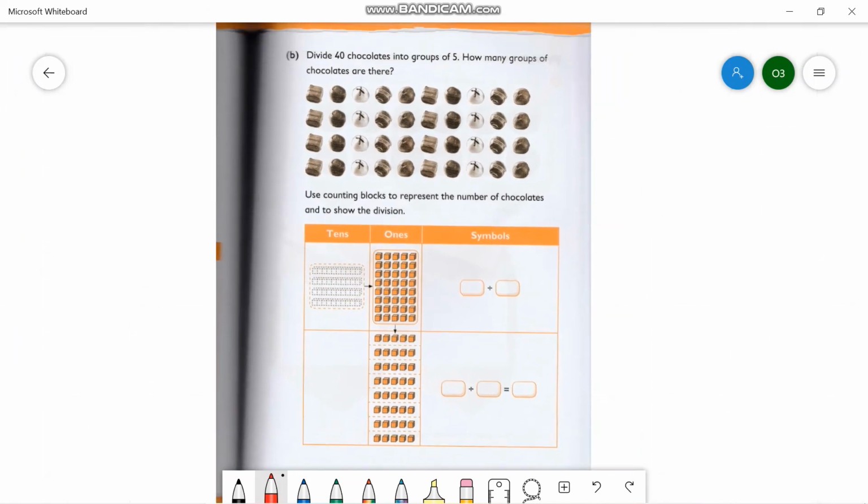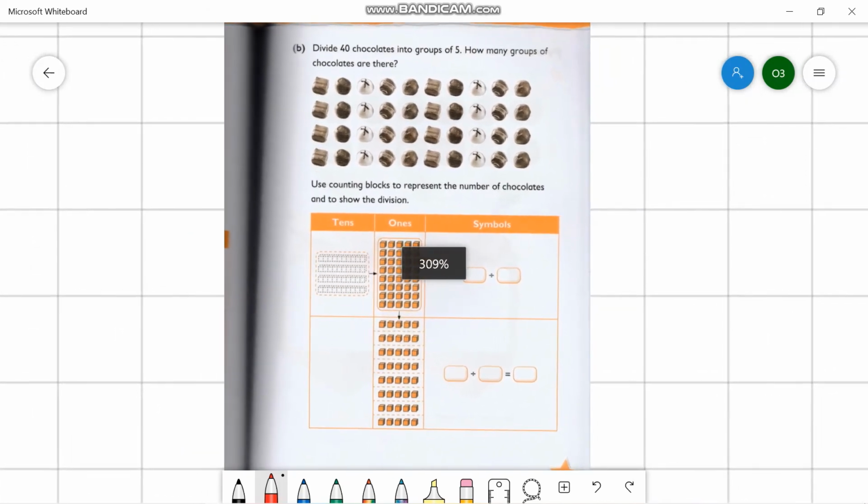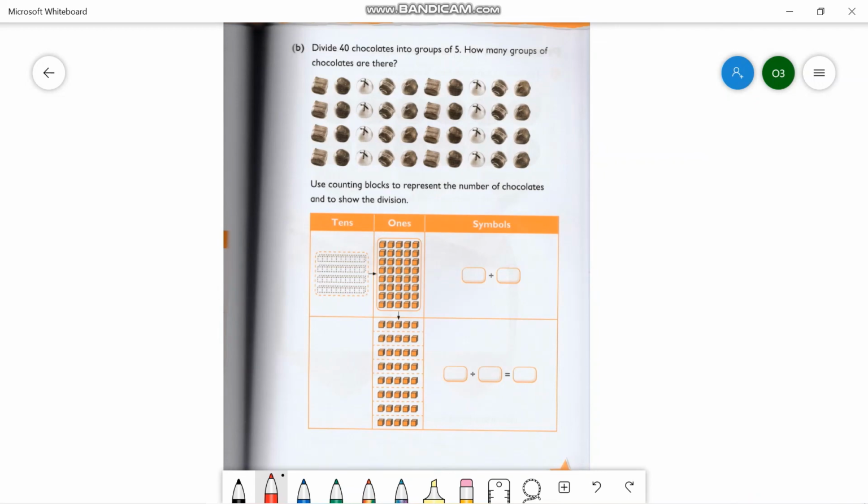Okay, now this is a continuation. It's the same chocolates, 40 chocolates divided into 5 groups. So you have to write here 40 divided by 5. So this chocolate is represented using the blocks.